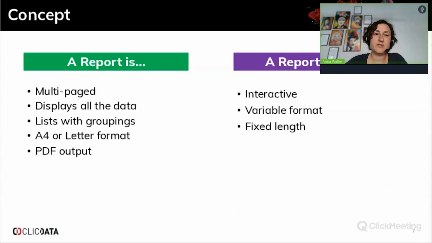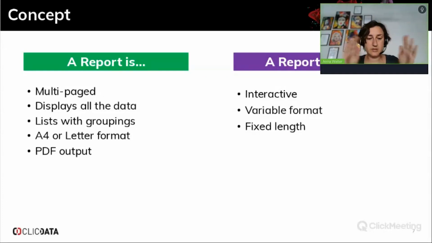So basically the concept is the following. The report is multi-page. That's really the big difference with dashboards. And it will display all the data from the data tables you use. So meaning that if you have a report based on data with 10,000 rows, it will be longer than a report based on data which has maybe 10 rows, because the report is going to paginate as long as there is data to show.